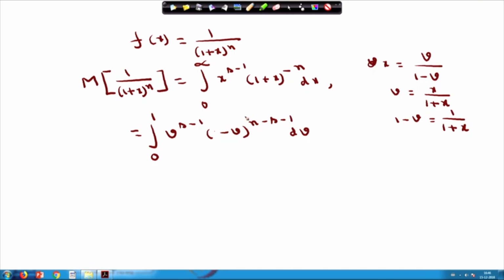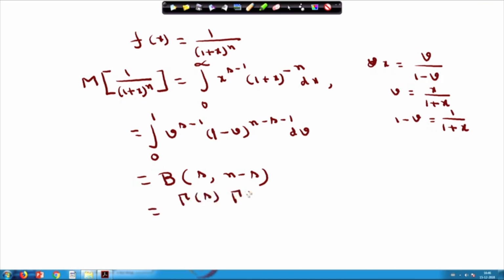So, this integral by this substitution x equals v by 1 minus v, I am getting this. Again this is nothing but in the form of a beta function, beta s comma n minus s, because it is v to the power s minus 1 into 1 minus v to the power n minus s minus 1 into dv, which is nothing but beta s, n minus s.